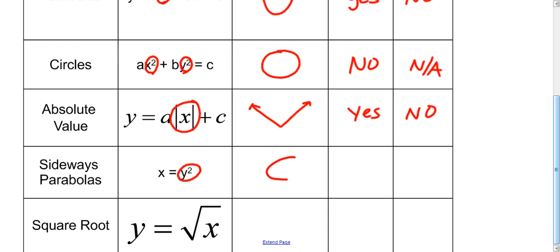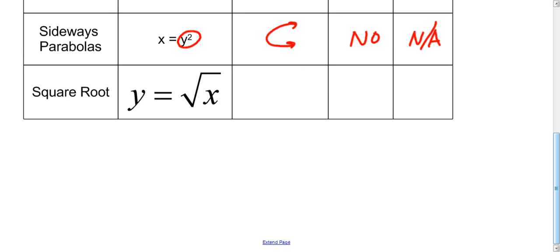And those look like this, and they could open to the right or the left. It doesn't really matter, but those also are not a function, which means we don't even need to worry about whether they're one-to-one. And then lastly, if it has a square root of x in it, it will look something like this, which is a function, and it is also one-to-one.